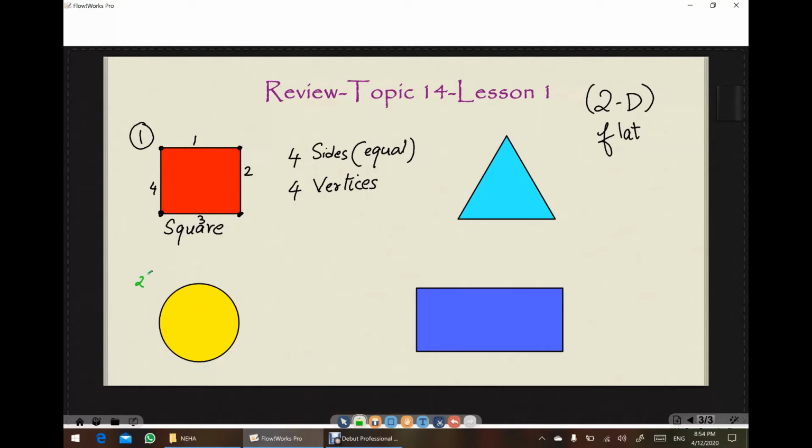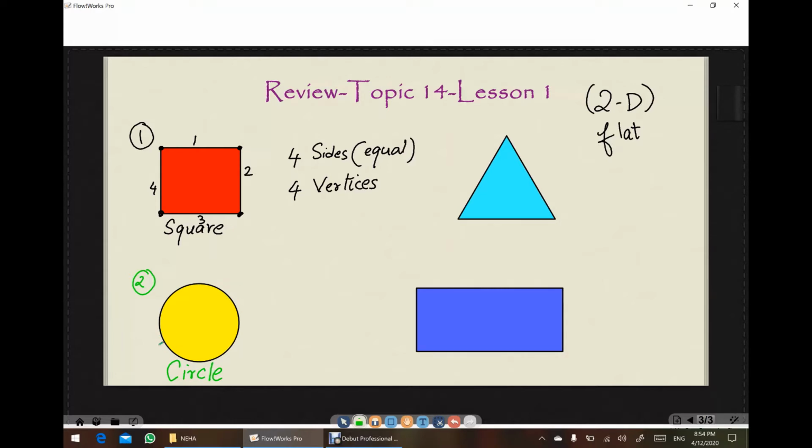Next. Can you tell me which shape is this? It's a circle. Good job. It's a circle. Now, does a circle have sides and vertices? Can you see any straight sides over here?